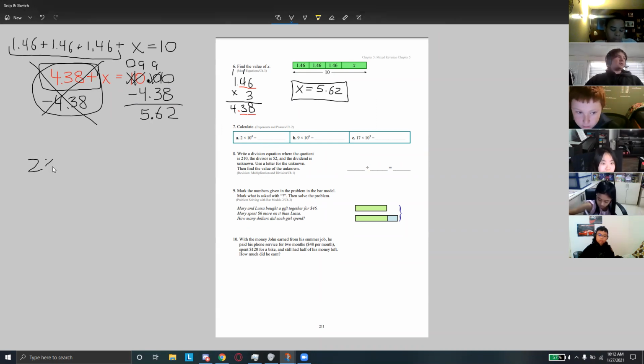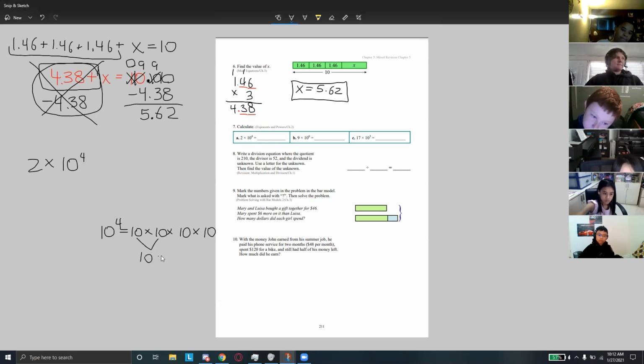If we have 2 times 10 to the 4th power, let's figure out what 10 to the 4th power is. 10 to the 4th power is equal to 10 times 10 times 10 times 10, which is the same as 10 times 10 is 100. 100 times 10 is 1,000.